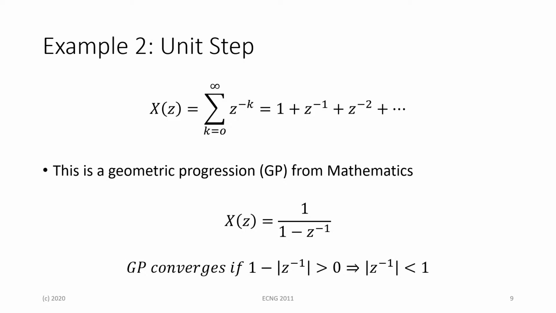So if 1 minus the modulus of z to the negative 1 is more than 0, that means minus the modulus of z to the negative 1 will be more than minus 1. And if we transform this from negative to positive, remember this more than sign is going to flip to less than. So that's how you get the modulus of z to the minus 1 to be less than 1.